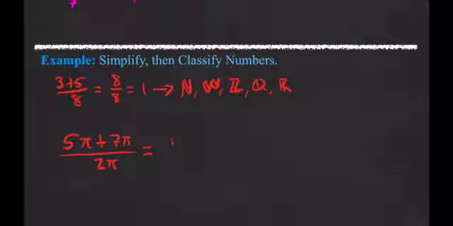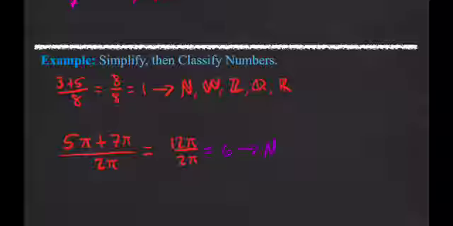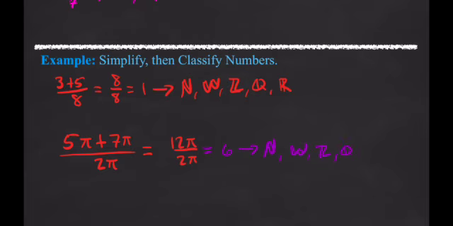Well, that's 12 pi. That's divided by 2 pi. Pi's and pi's go away. 12 divided by 2 is 6. 6 is natural. It's a whole number. It's an integer. It's rational, and it's real.